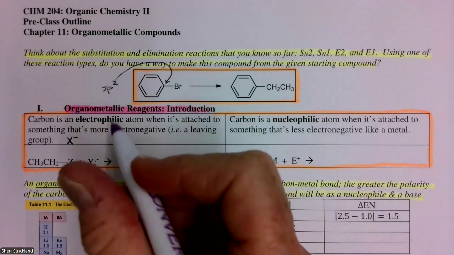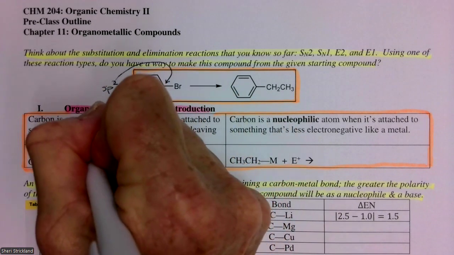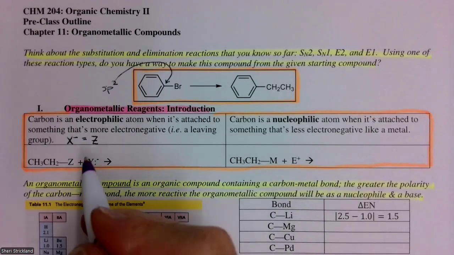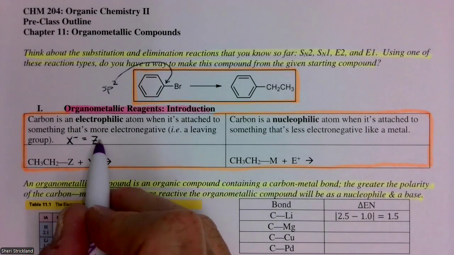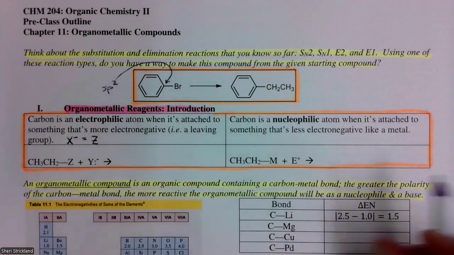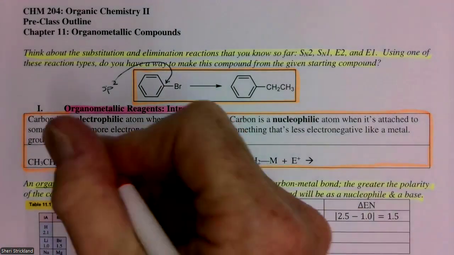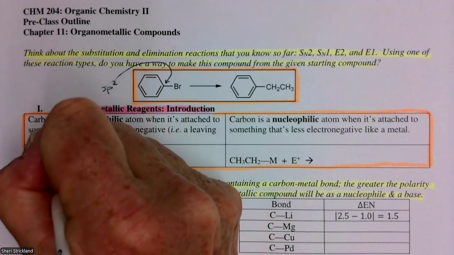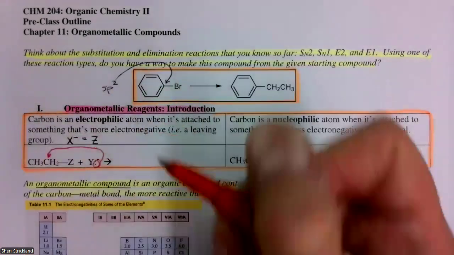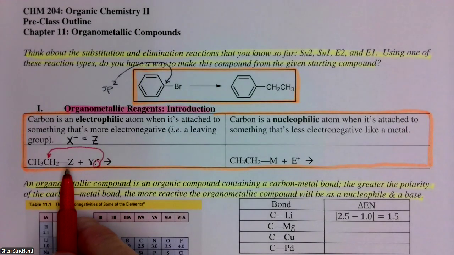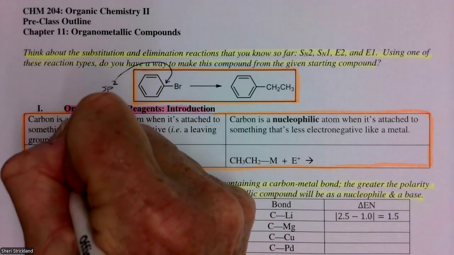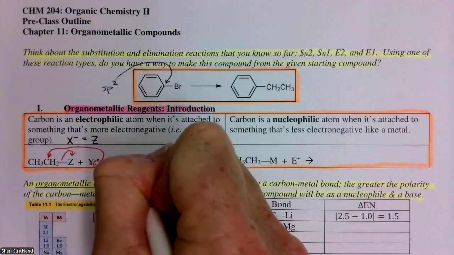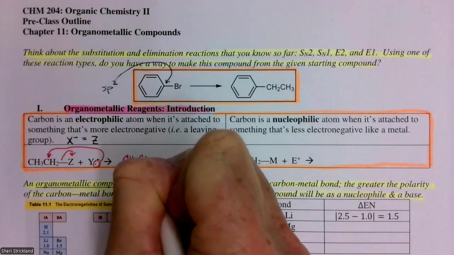So just put that like that to show that we're talking about halide ions being the leaving group here. So if we have a nucleophile, we know that it can attack this guy because it's an electrophilic carbon. It's less electronegative than what it's connected to. And so then this bond breaks and we get the product of the substitution.